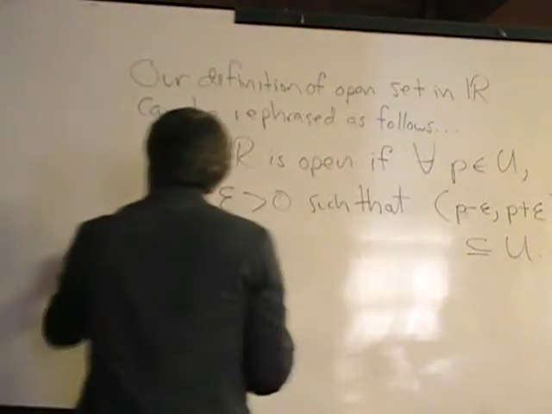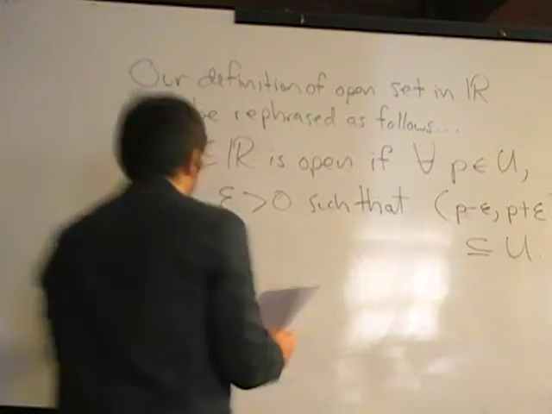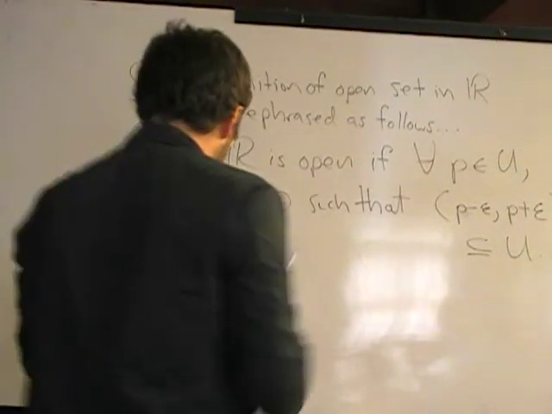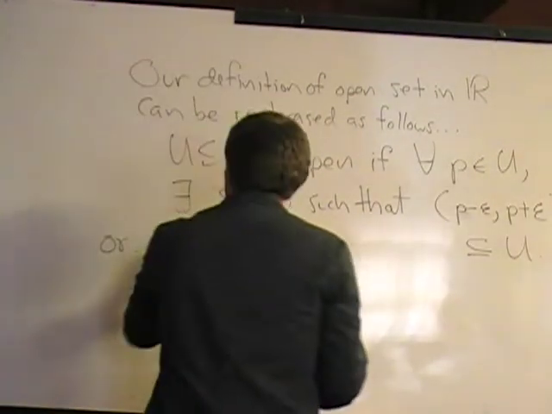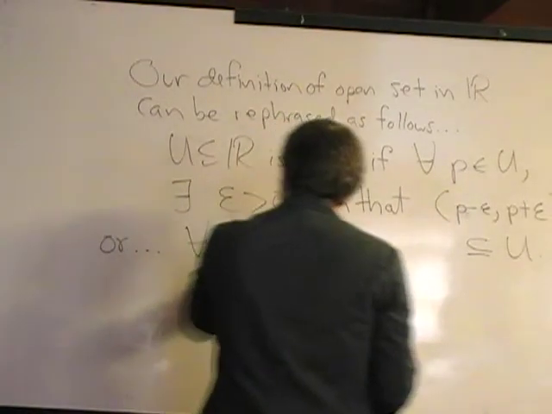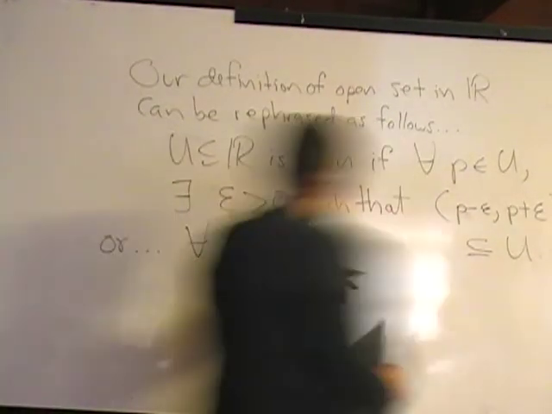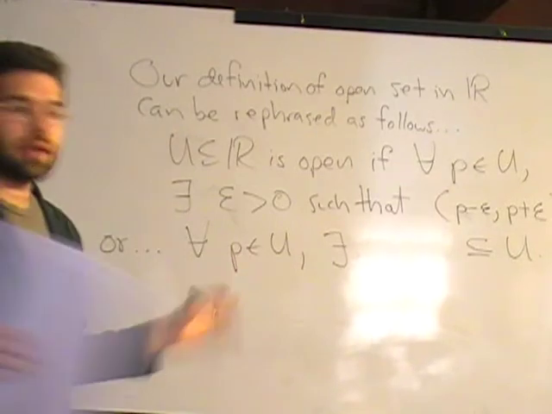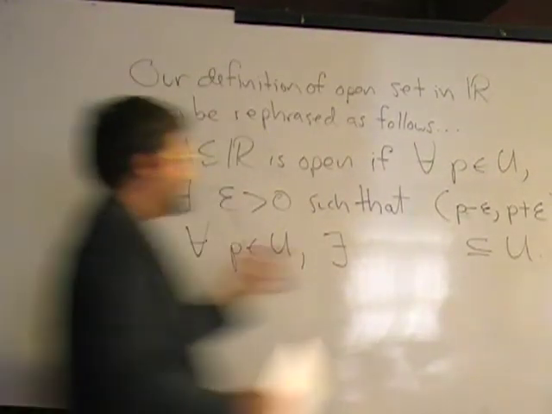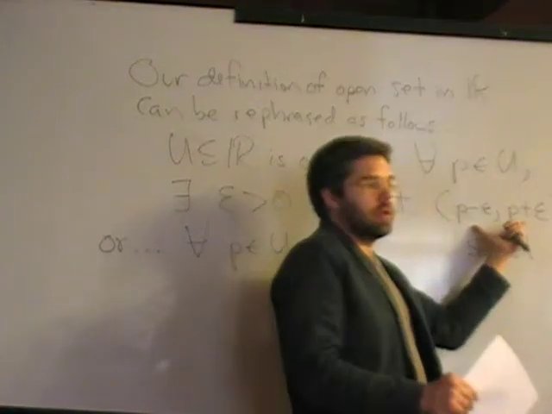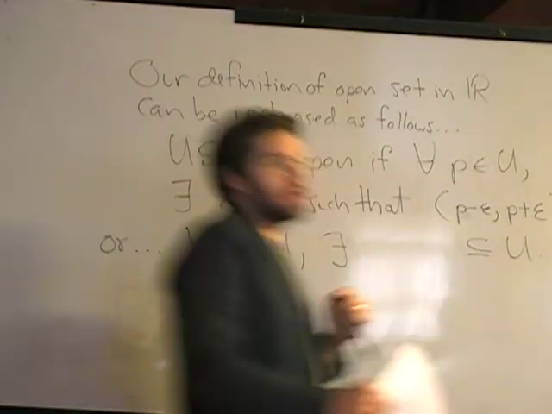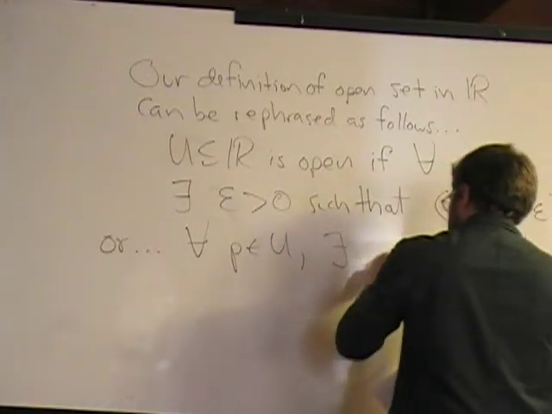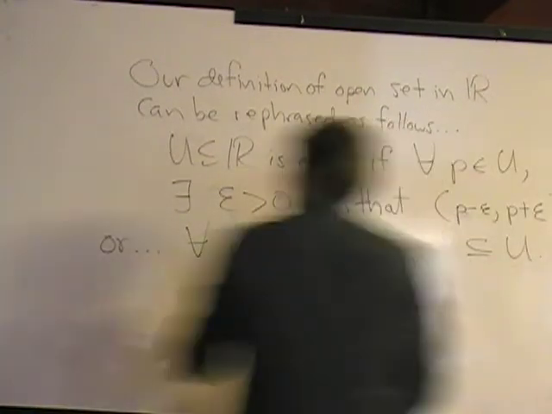In fact, you can clean it up even more and say that for all P in U, there exists, and now you can, if you want, dispense entirely with the idea of this number epsilon and only talk about some open interval that's a subset of U. So there exists an open interval.